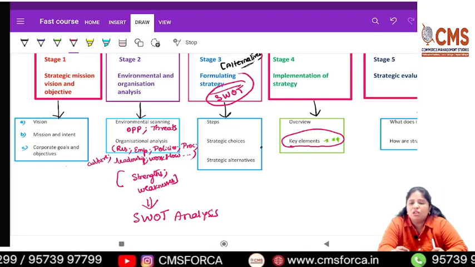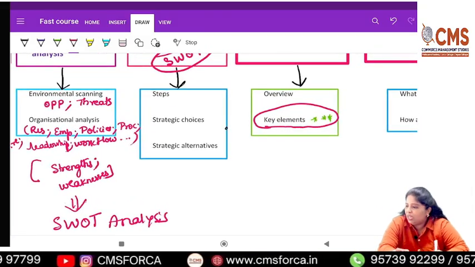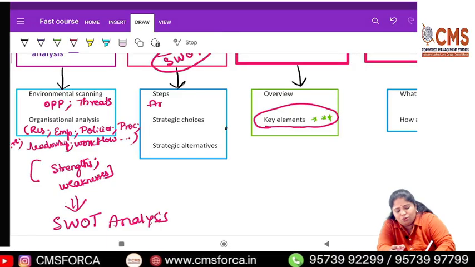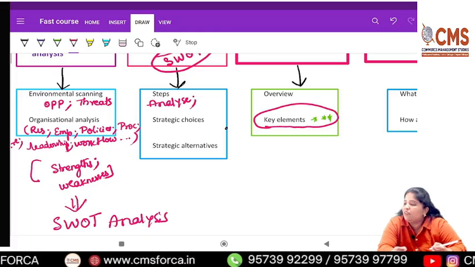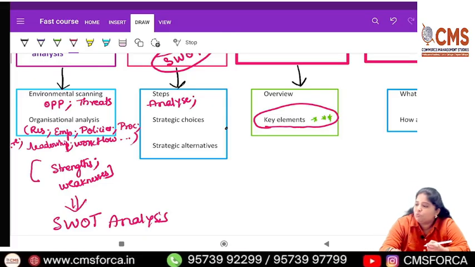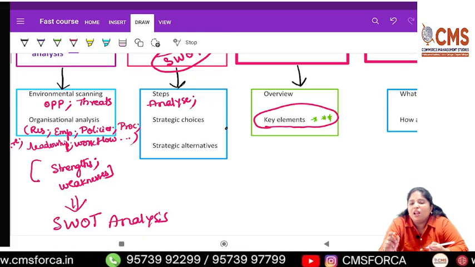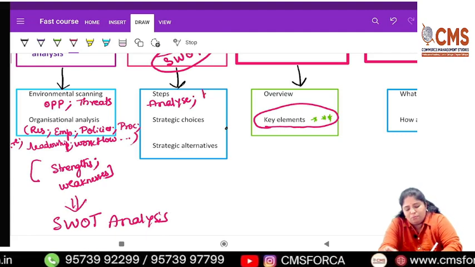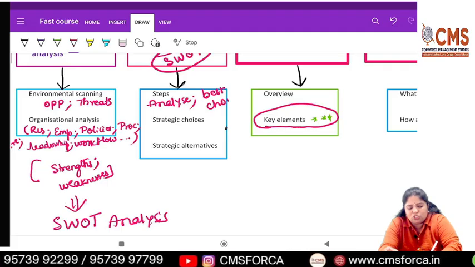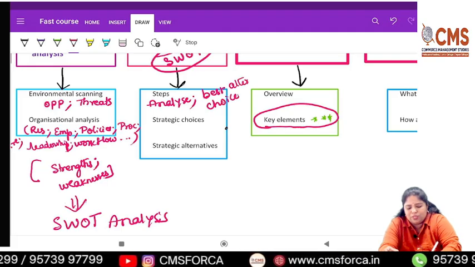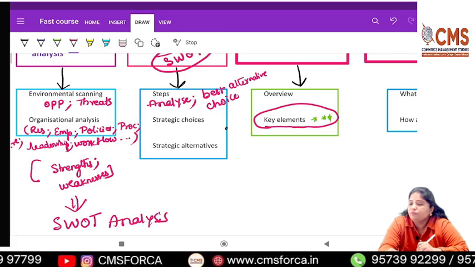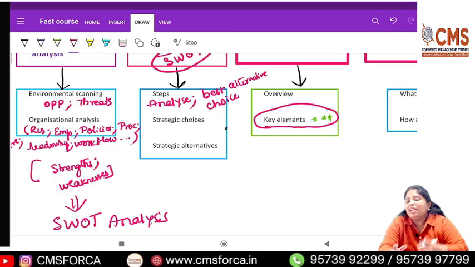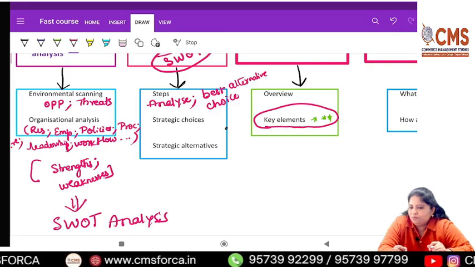And once all the alternatives are developed, all the developed alternatives must be analyzed. On analyzing, one best alternative will be chosen. Yes or no? And that goes for implementation.